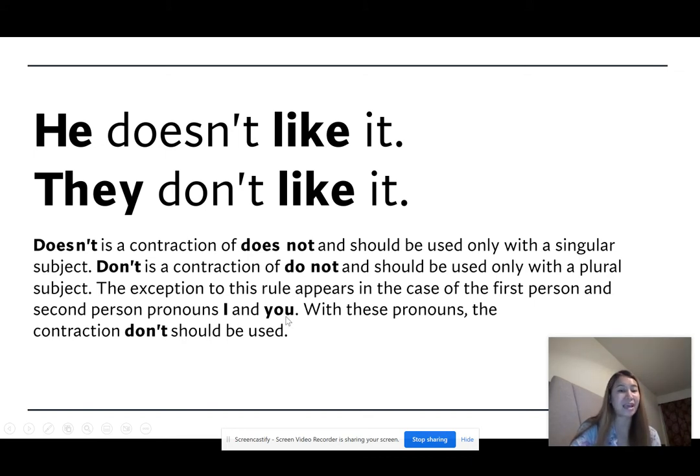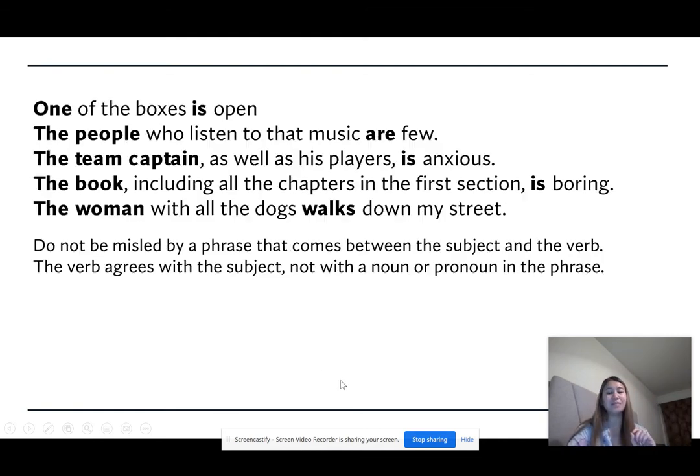So if it's I and you, we use don't. Don't is just a contraction, short version of do not, therefore, it uses a plural. Doesn't is a contraction, short version of does not, therefore, it uses a singular subject. He, one person, does not or doesn't like it, or they, more than one, do not like it. Again, if it's I or you, it's don't.